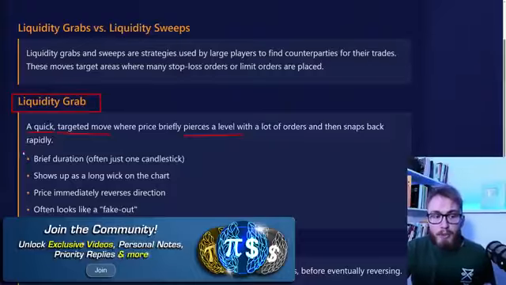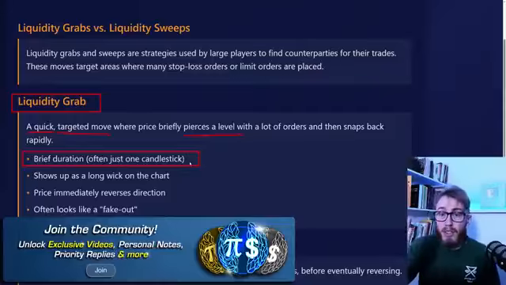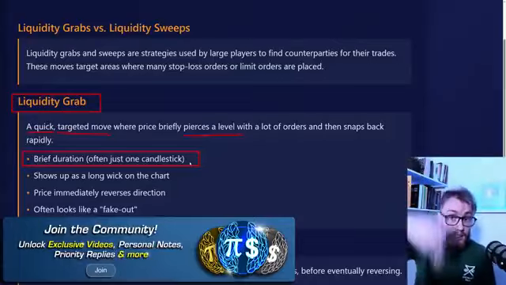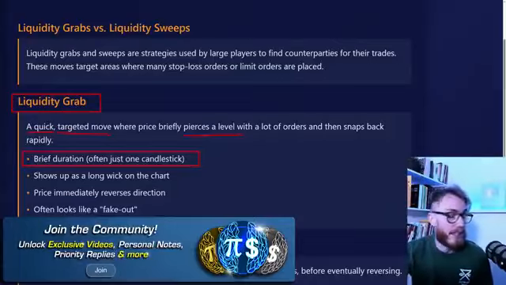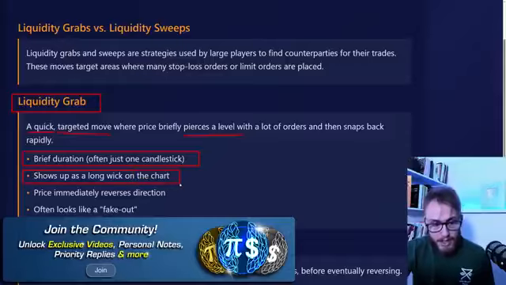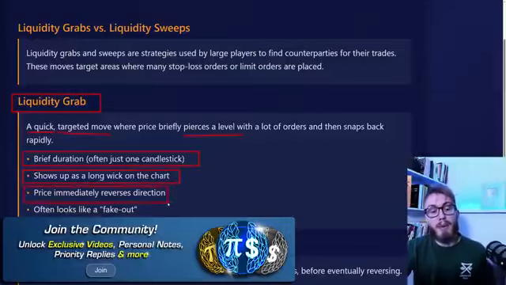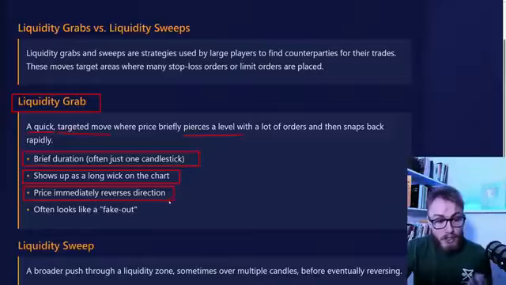So what we're looking out for here is, first of all, brief duration. So it's usually just one candlestick and usually just a wick above a support or resistance level. As you can see here, it shows up as a long wick on the chart, and price immediately reverses direction.